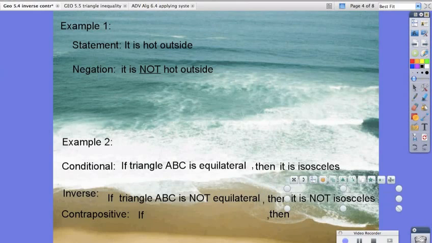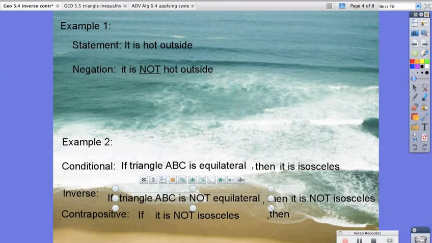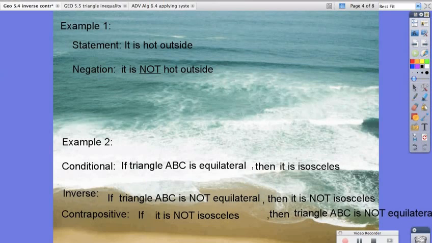Then it is not isosceles, instead of being at the back end or in the conclusion, we're going to put right in the beginning. And we're going to take our statement from the inverse, duplicate it, and put it right on the tail end. And that's how we go from a conditional to an inverse to a contrapositive.